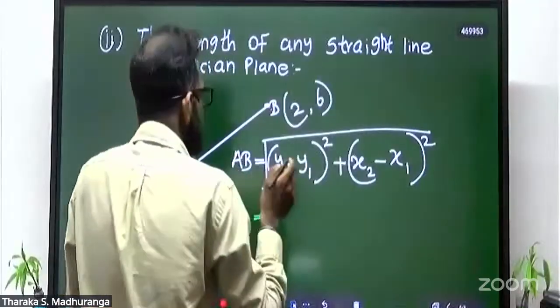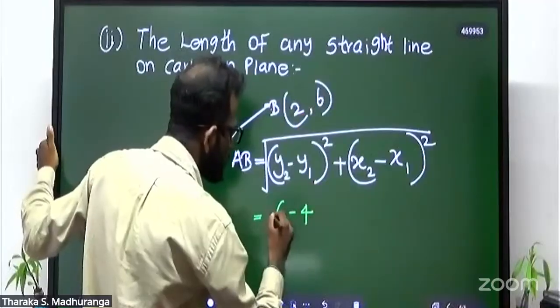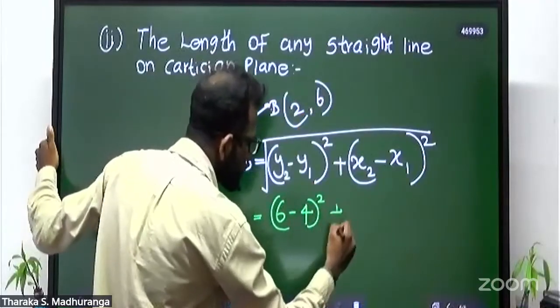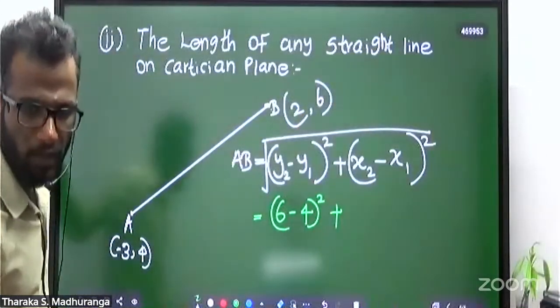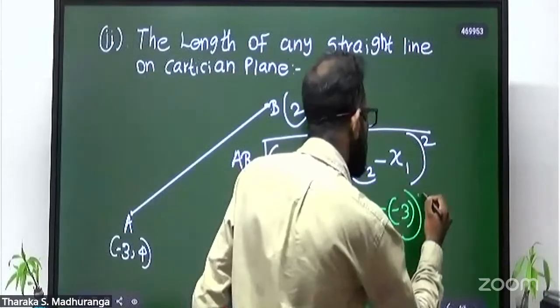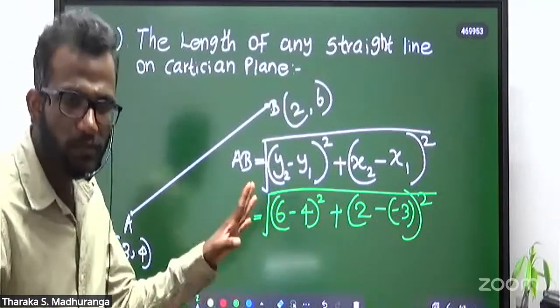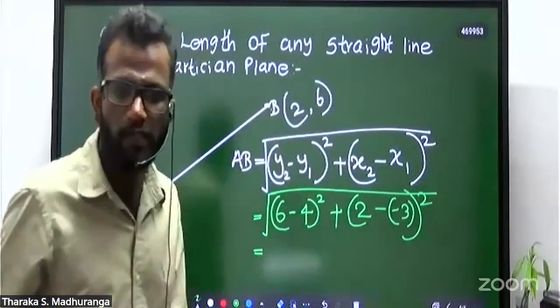I will explain. 6 minus 4 squared. x2 minus x1: 2 minus -3, careful, minus -3 squared. The whole square root is the AB length. Then 6 minus 4 is 2.